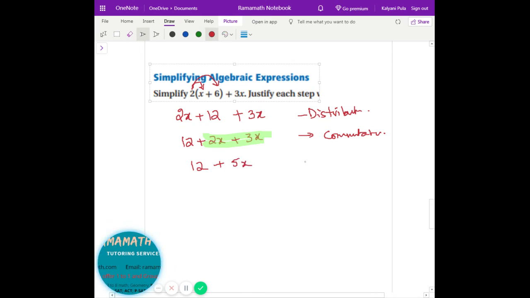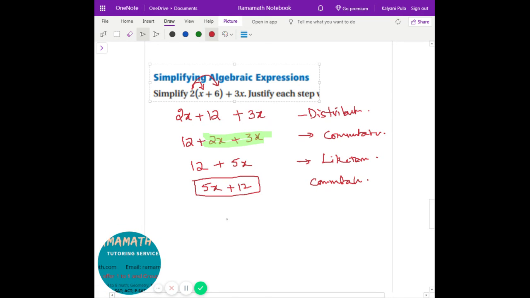That's 5x. And you can write it again, 5x plus 12, commutative property. Okay. And I don't see any like terms, so that's my final answer.